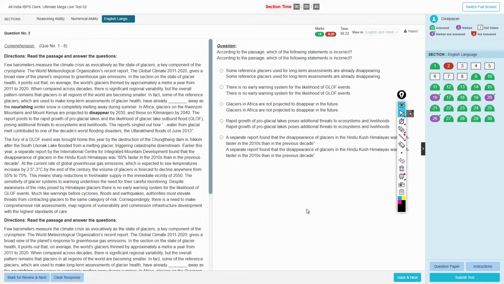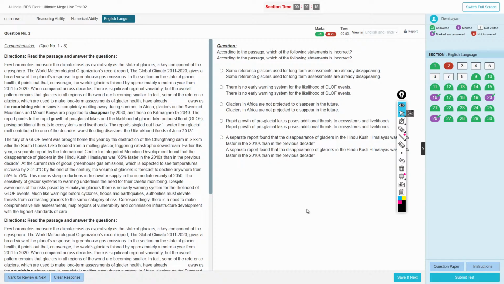The report singled out how water from glacial melt contributed to one of the decade's worst flooding disasters, the Uttarakhand floods of June 2013. The fury of GLOF events was brought home this year by the destruction of the dam in Sikkim after the South Lake flooded from a melting glacier, triggering catastrophe downstream.